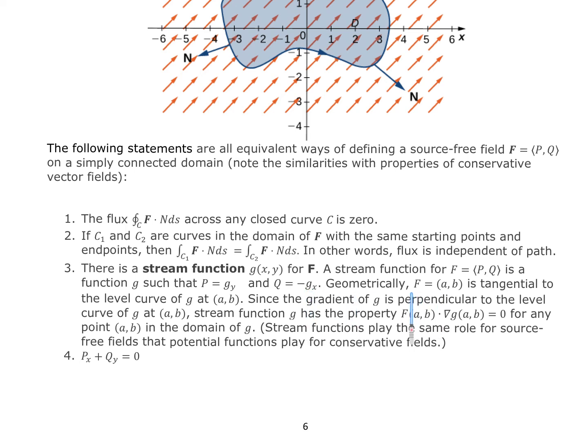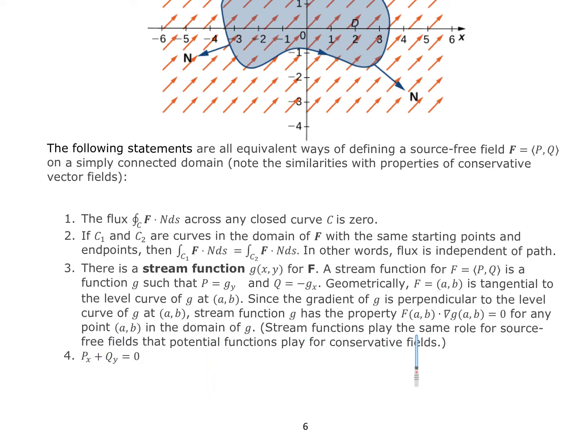Geometrically, F at (a, b) is tangential to the level curve of g at (a, b). Since the gradient of g must be perpendicular to the level curve of g at (a, b), F at (a, b) dotted with the gradient of g at (a, b) must be equal to 0 for any point (a, b) in the domain of g.